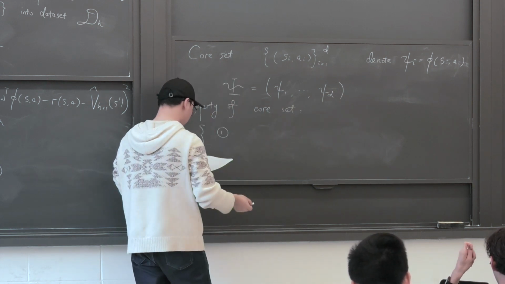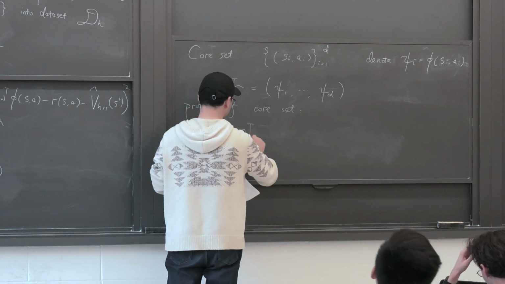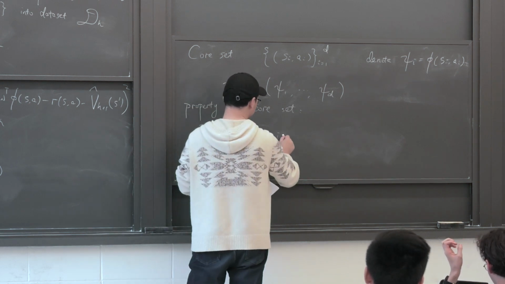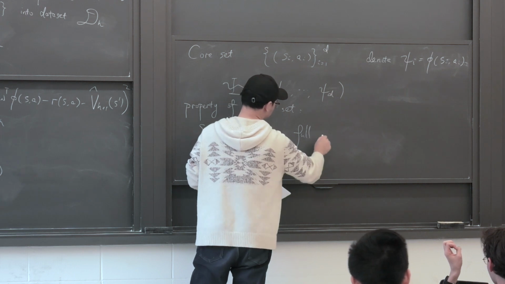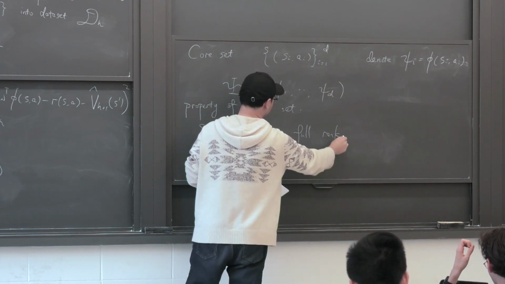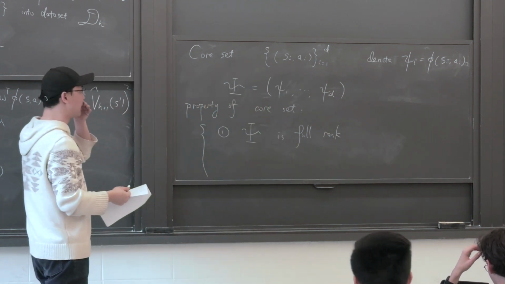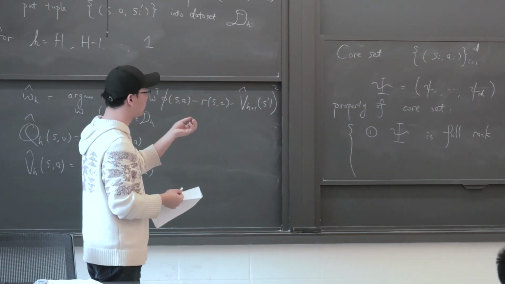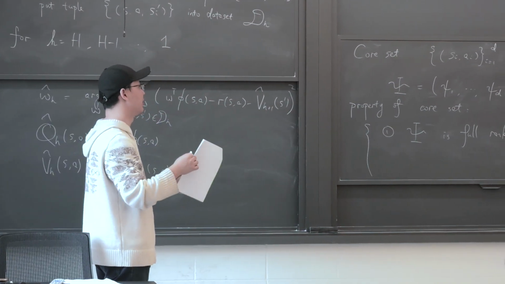The first one, we require Psi to be full rank. Essentially, we require the feature maps of the state action pairs in this core set to span the d-dimensional space.